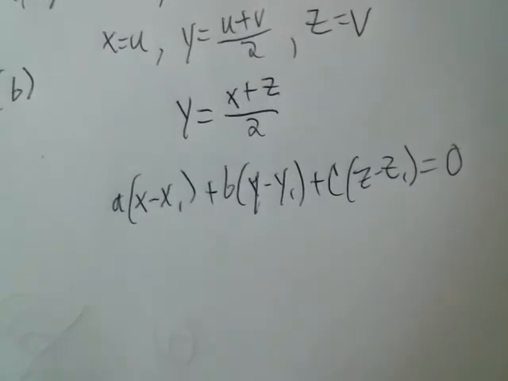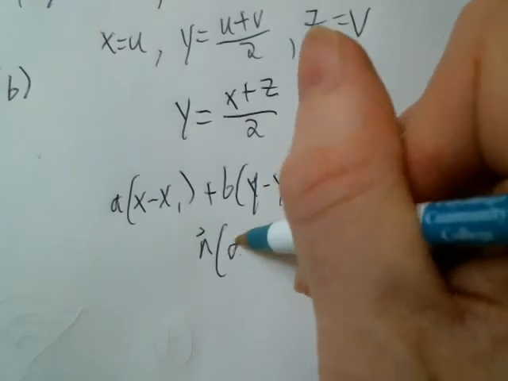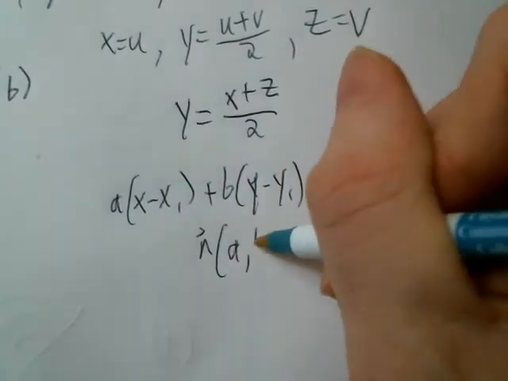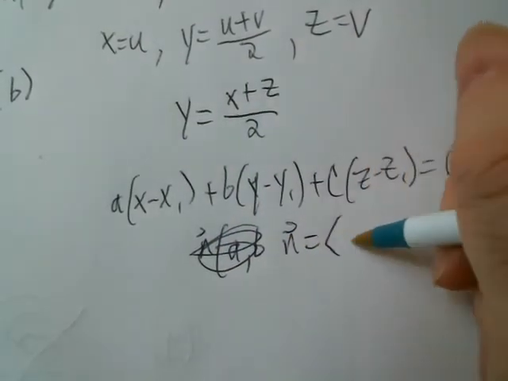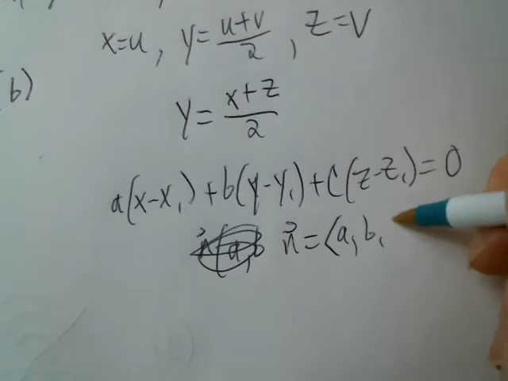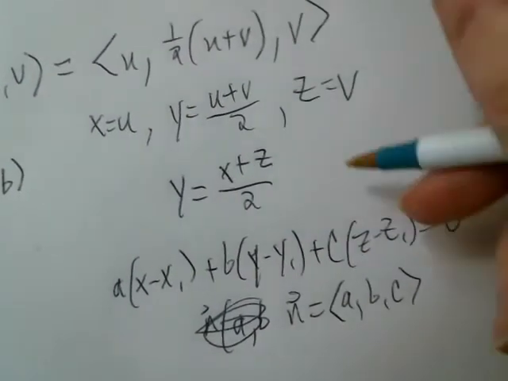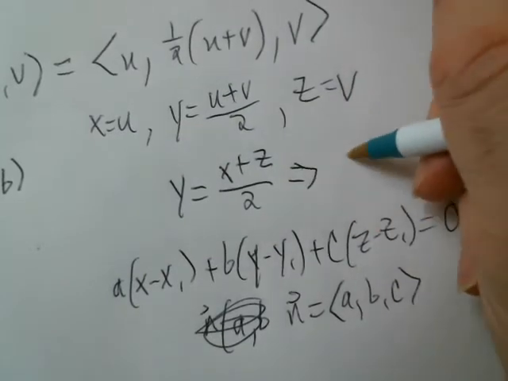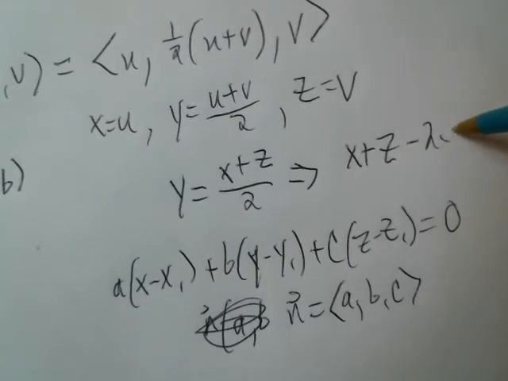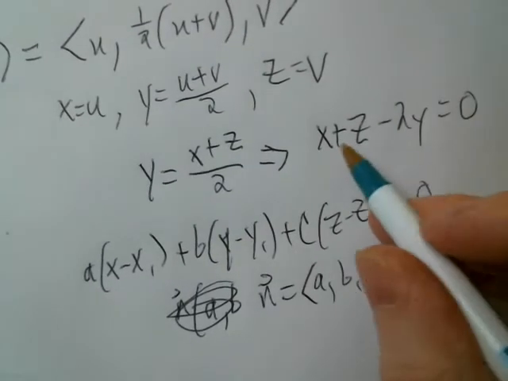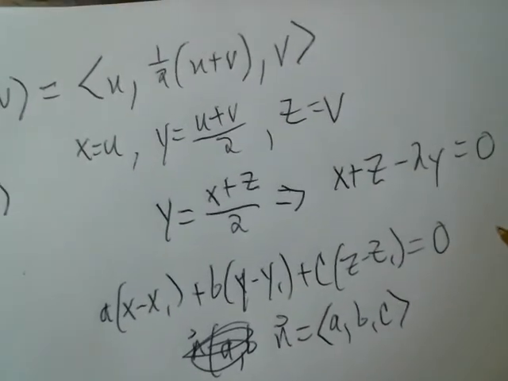It's the set of all vectors such that when you dot product with the normal vector to the plane, you get 0, okay? So the normal vector to the plane in this case would be ABC. So you could rewrite it to look like it's in this form if that's more convincing to you. It'll be x plus z minus 2y equals 0. So its normal vector would be 1, 1, negative 2. And it obviously has an intercept at 0.